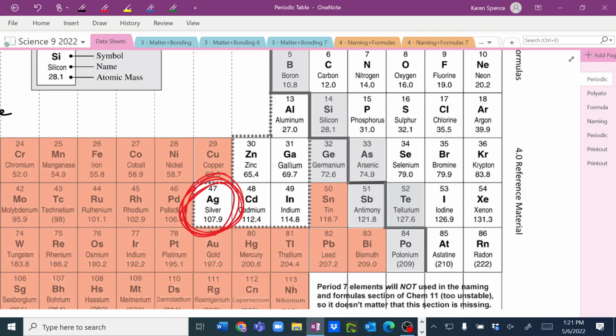It is not in the red zone, therefore it does not use a Roman numeral.